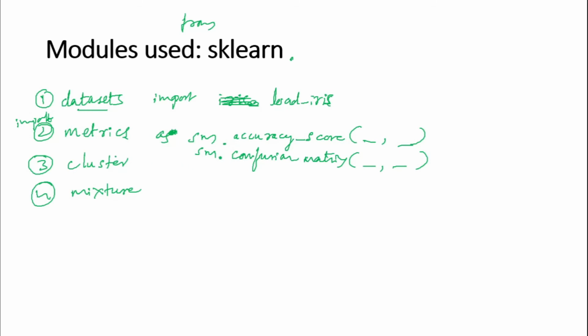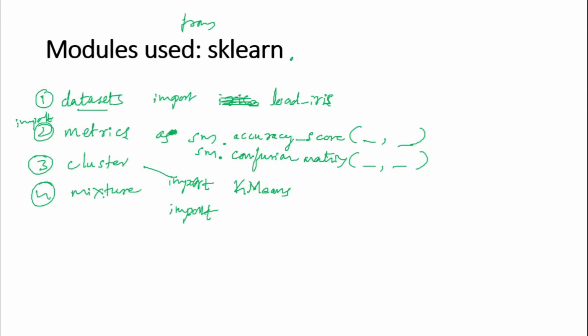Then cluster. From sklearn.cluster we need to import a clustering algorithm. Which is a clustering algorithm? We just discussed the unsupervised clustering algorithm, that is K-means. So K and M are uppercase and all other letters are lowercase. And the mixture is from sklearn.mixture import. What do I need to import from mixture?